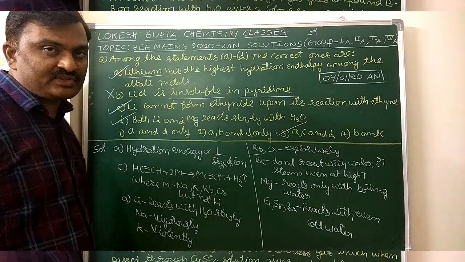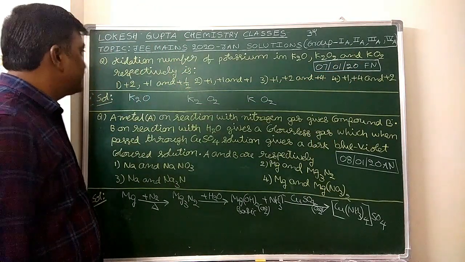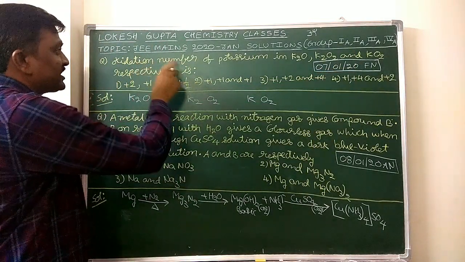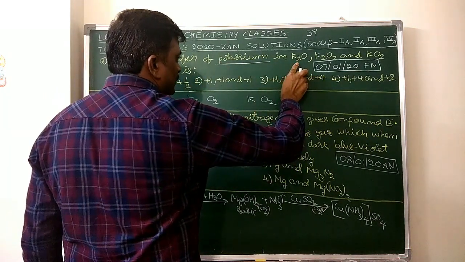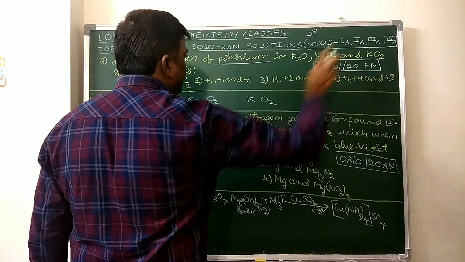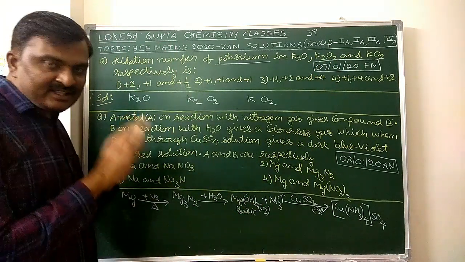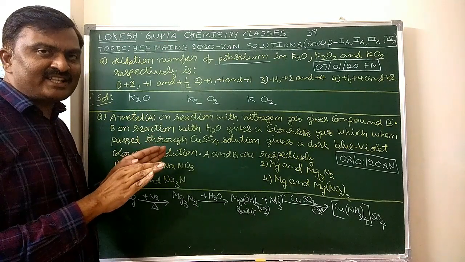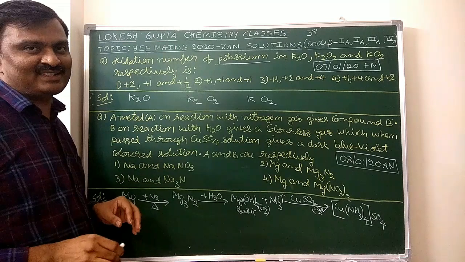Now come to the next question. On 7th January forenoon, the question is: the oxidation number of potassium in K2O, K2O2 and KO2 respectively is. See, in these compounds they want the oxidation number of potassium, not the oxygen. So the easiest question.